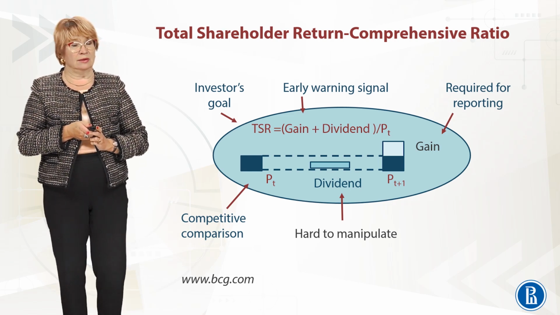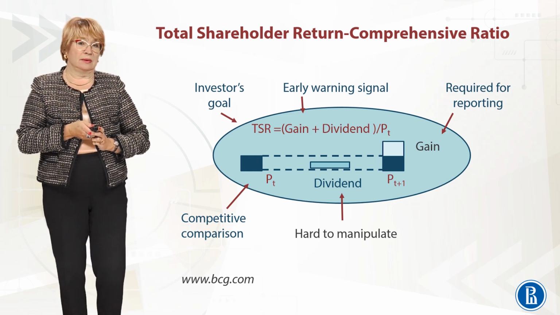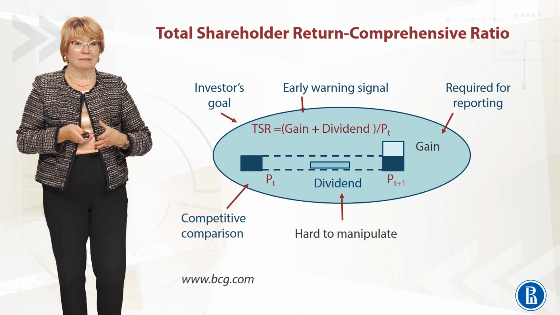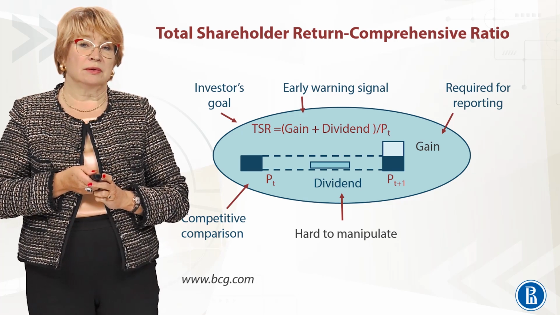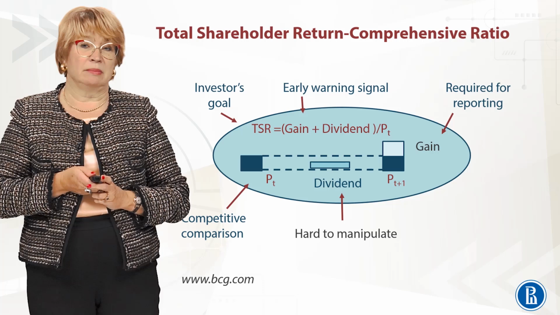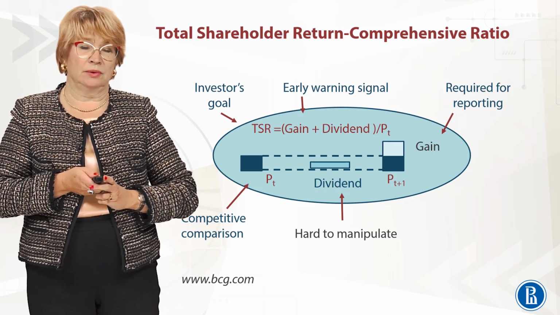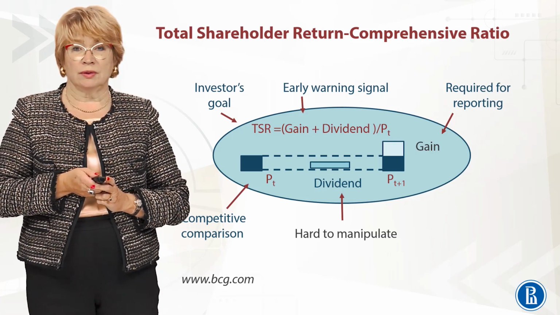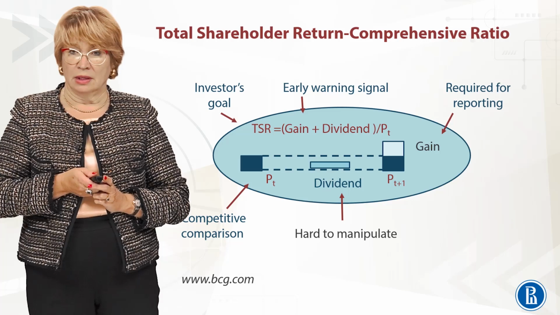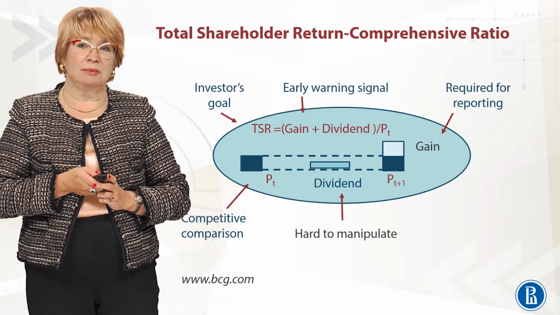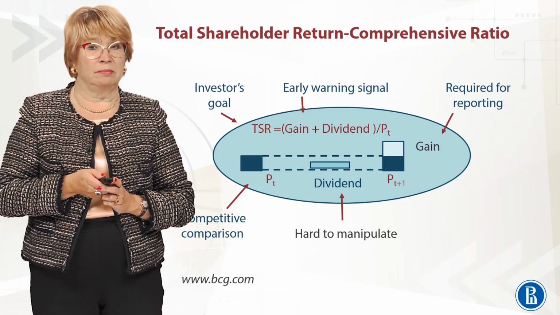Gain plus dividend income for the investor should be divided by the price at the point when the investor bought the stock at the beginning of the period. So we now see that the capital gain becomes also very important.